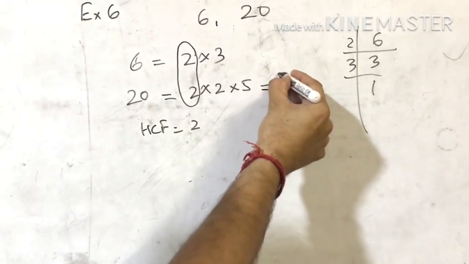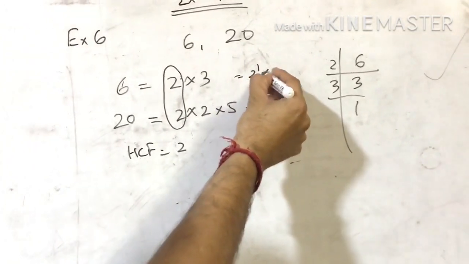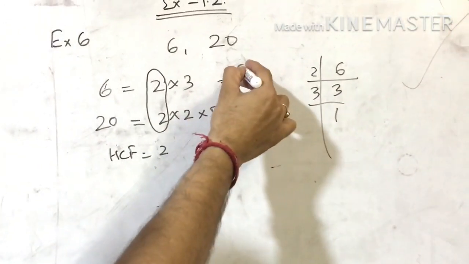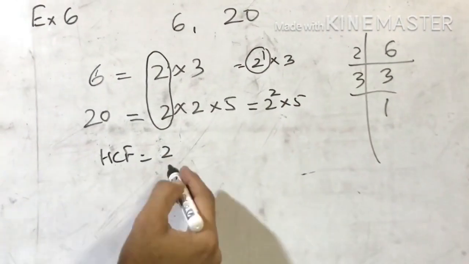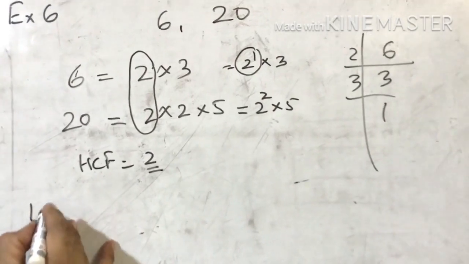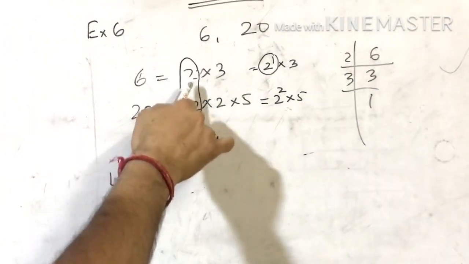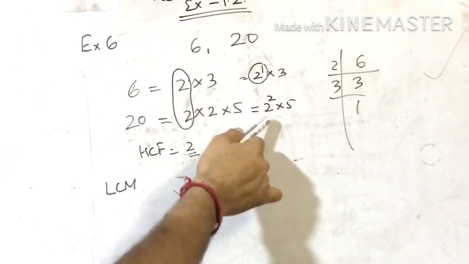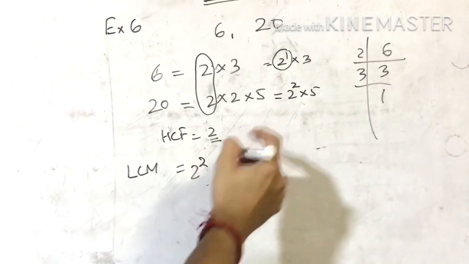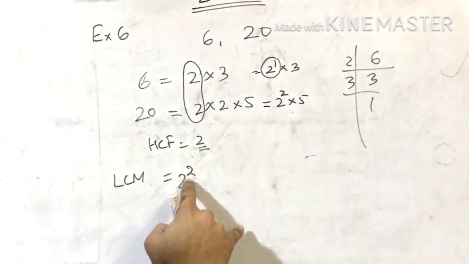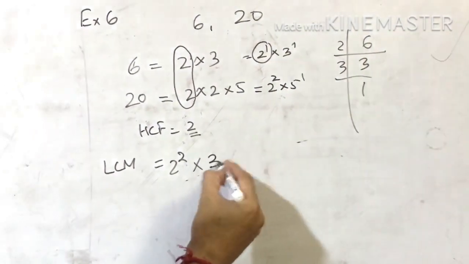You can also write it like this: 2 to the power 2 into 5, and 2 to the power 1 into 3. So that means from two same numbers we will take the lower power for HCF. As far as LCM is concerned, it is different. Here, if you have the same number 2, you have to take the higher power, that is 2 to the power 2, since 2 is more than 1. The power of 3 is 1 and of 5 is 1, so you take 3 and 5 as well.